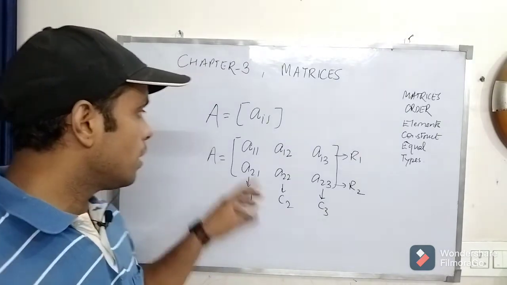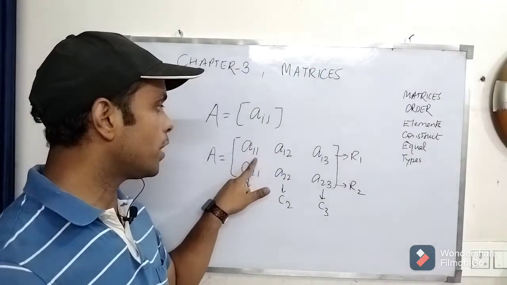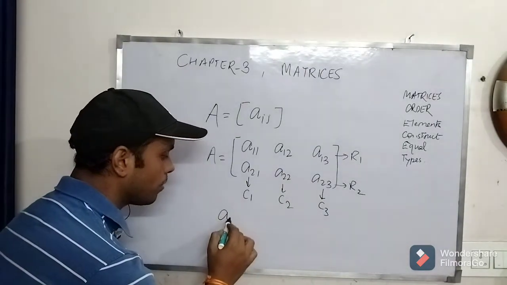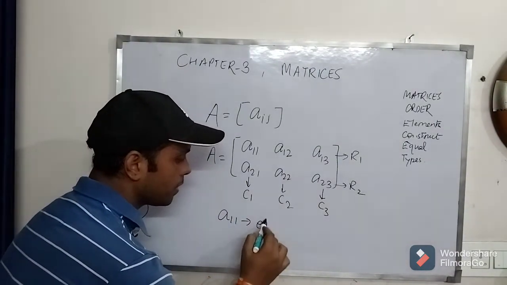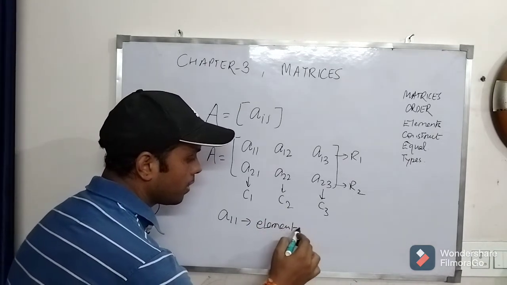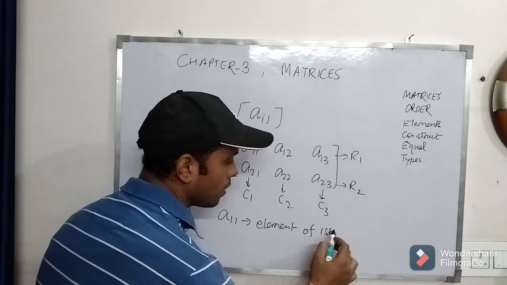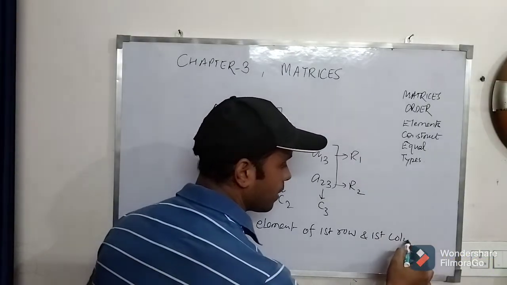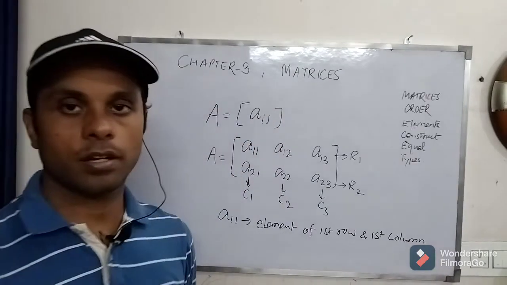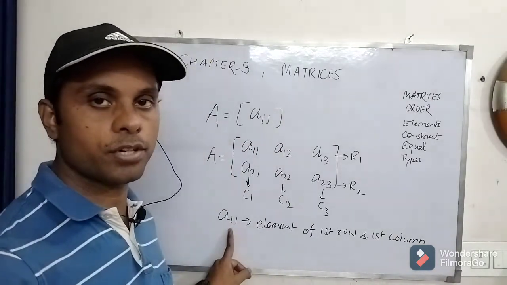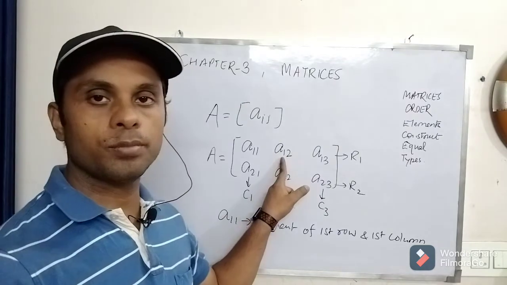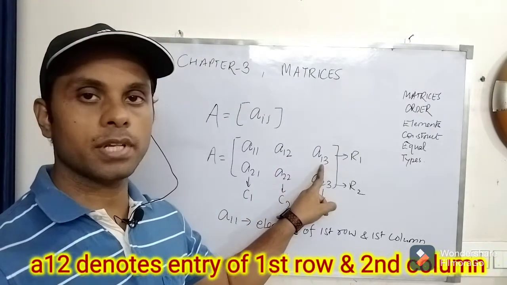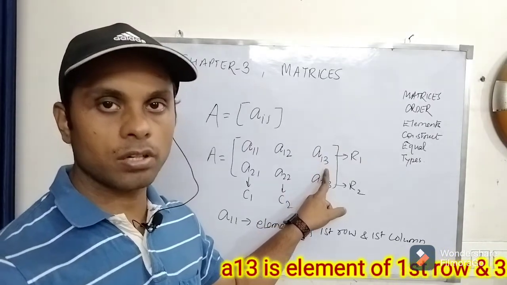Now look, what does it mean by a11? a11 means element of first row and first column, right? Okay, so a11 is element of first row, first column. a12 means element of first row and second column. a13 means element of first row and third column.